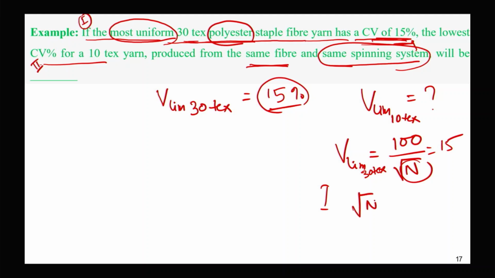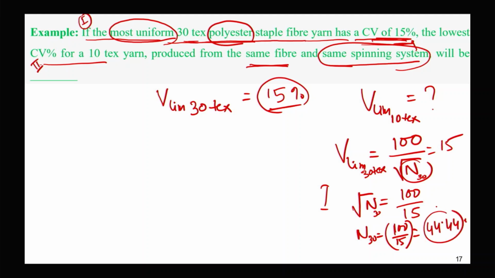Under root n will be 100 by 15 under root 30 tex, so n for 30 tex will be (100 by 15) square. It will become 44.44 number of fibers.